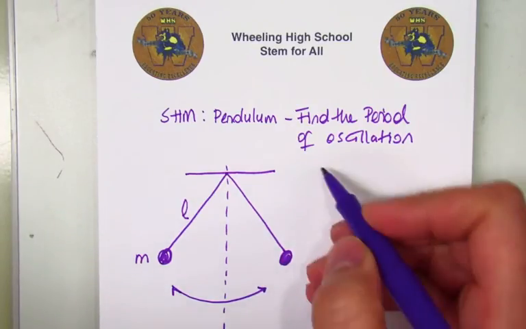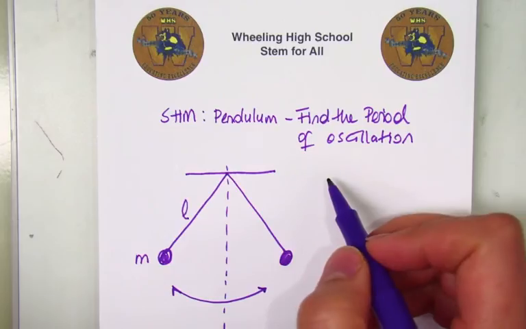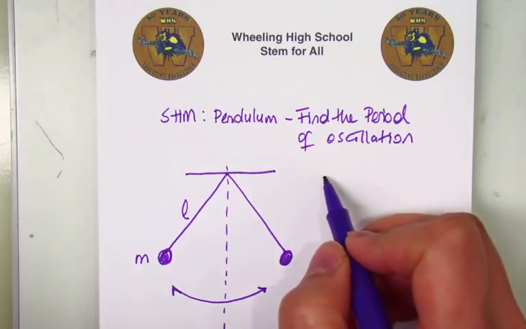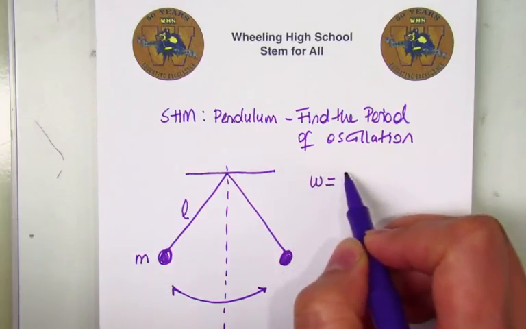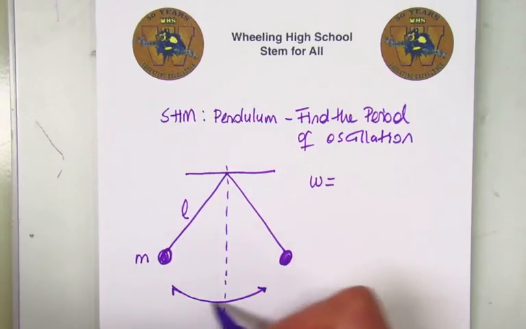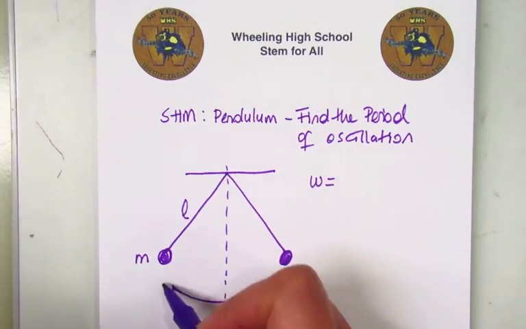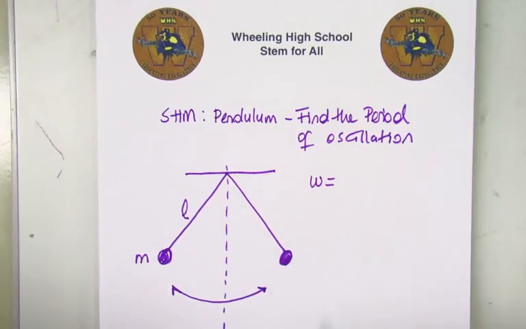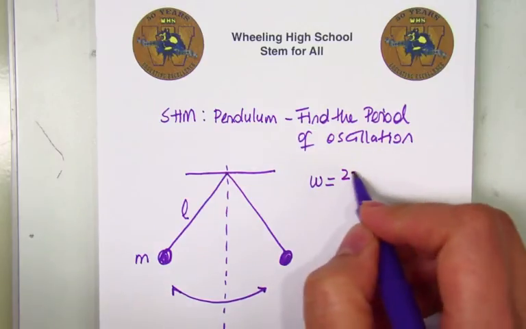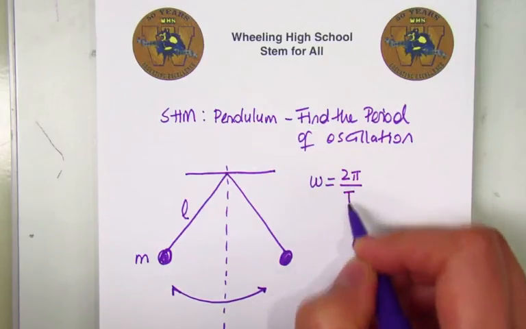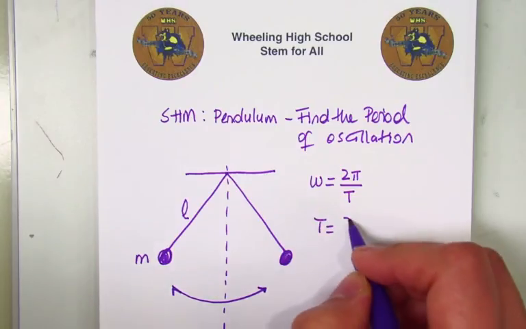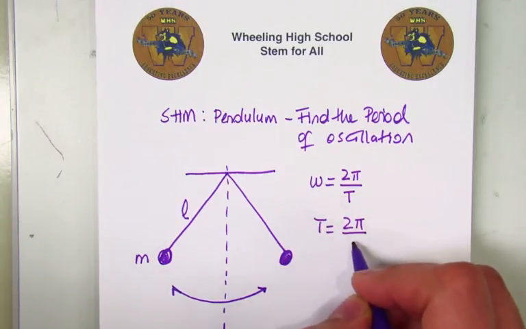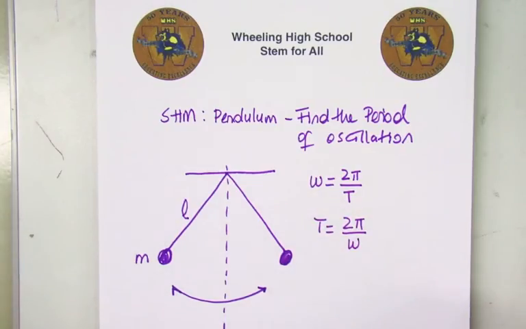So let's start off with remembering angular velocity, because as you can see, this is actually doing rotational motion. Angular velocity is 2 pi over period. And if you solve for period, it is 2 pi over angular velocity.